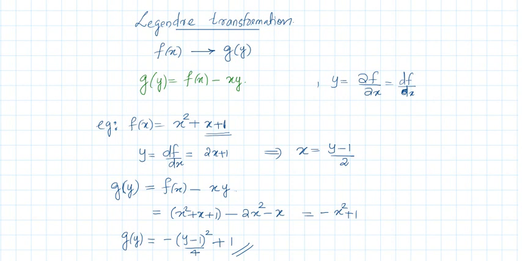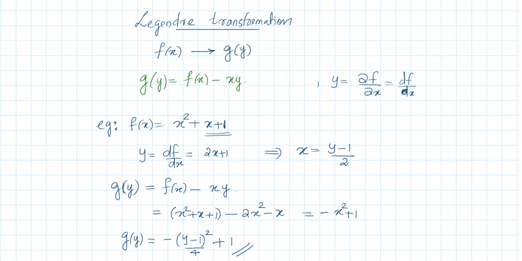Here actually there is no need to write a partial derivative, you can write the total derivative df by dx, because f depends only on one variable. So if you have a transformation like this, f of x to g of y, such that y is df by dx, then the rule is g of y equal to f of x minus xy.